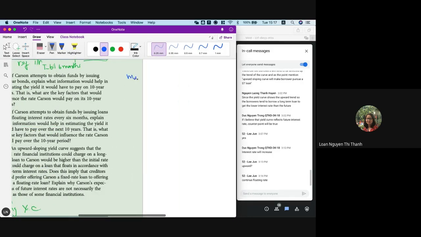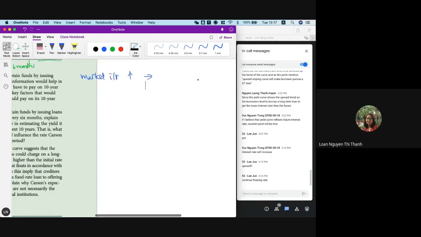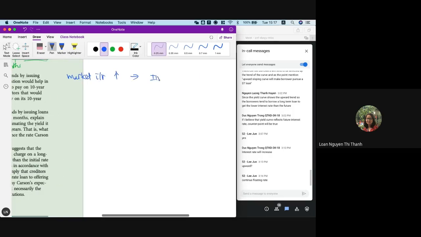So the market interest rate increases, and the interest rate on loans will increase over time. Even if the prevailing interest rate is lower on loans than on bonds, if the market interest rate increases, the interest rate on loans will increase over time.